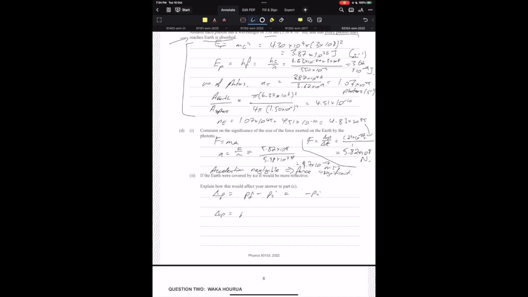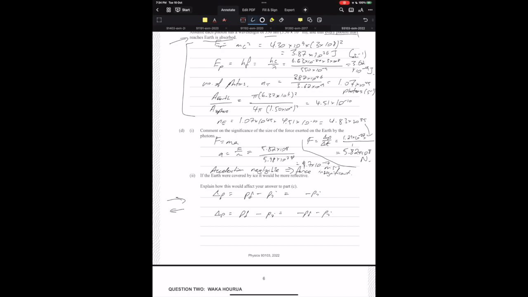We would actually get delta P equals PF minus PI, because the momentum after the photon is reflected is in the opposite direction to when it came in. The photon comes in like this, and it goes off like this. So PF is in the negative direction to PI. That means we have to apply a negative sign to PF, and leave PI as it is.